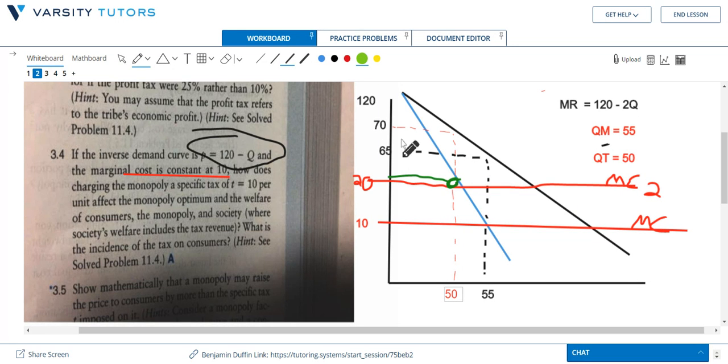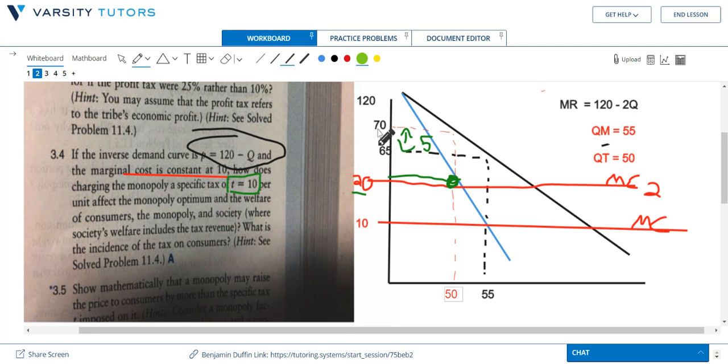Then how much did the price rise by? Well, the price for the consumer rose by 5. So this number right here is probably not most accurately represented by 20. The specific tax is $10 per unit.